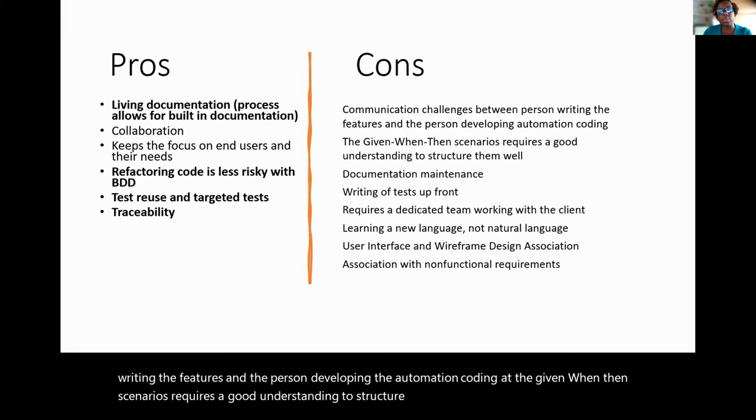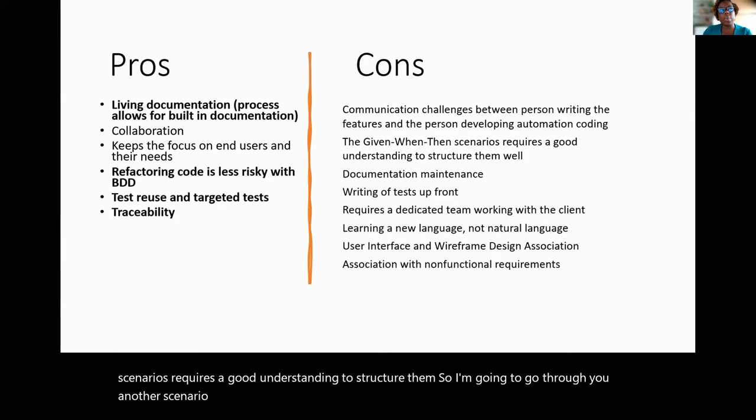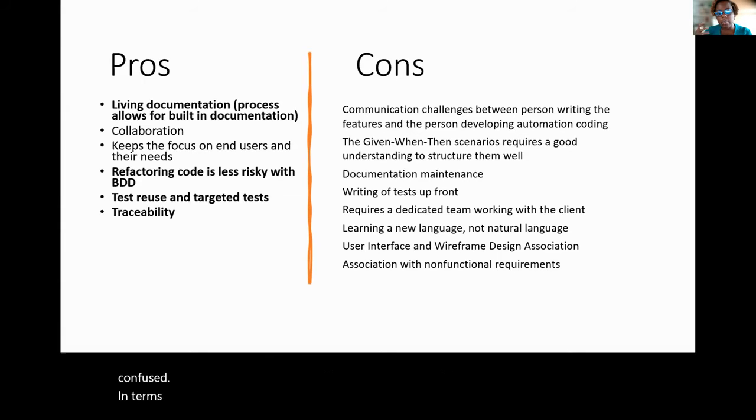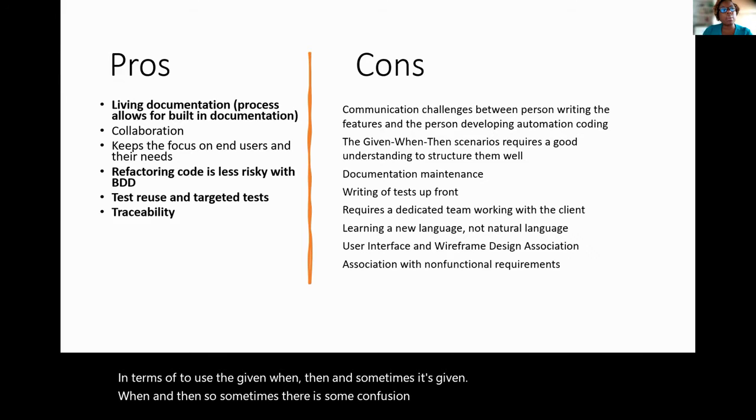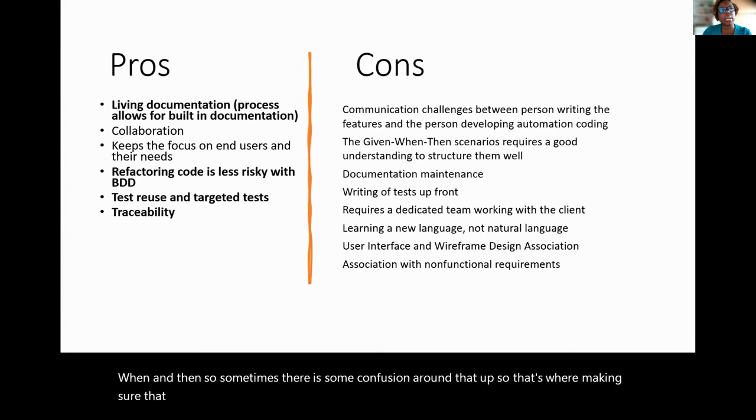I'm going to go through another scenario that kind of alleviates the given when then, because sometimes people get confused in terms of when to use the given when then, and like sometimes it's given when and then, so sometimes there's some confusion around that. So making sure that you understand the language and how that's all sequenced is helpful.